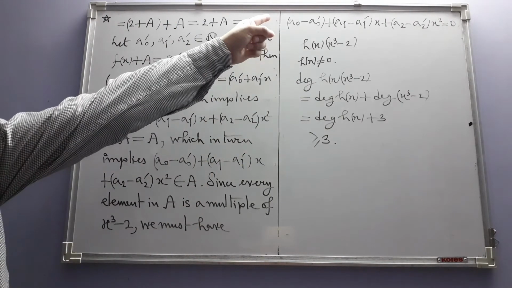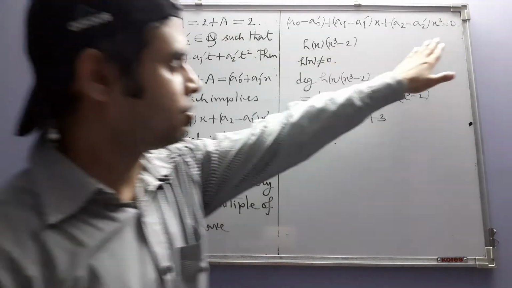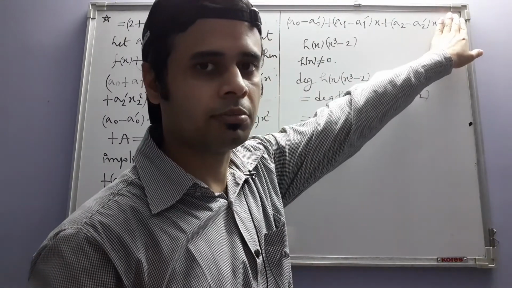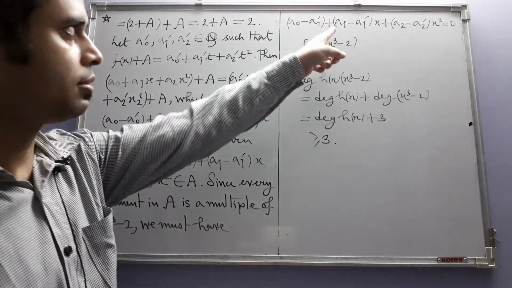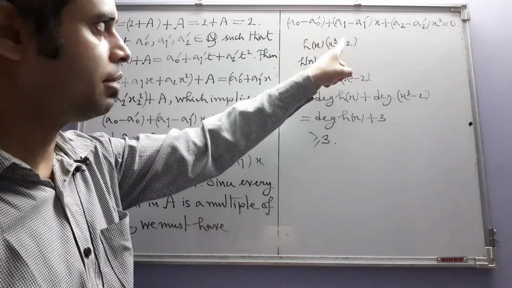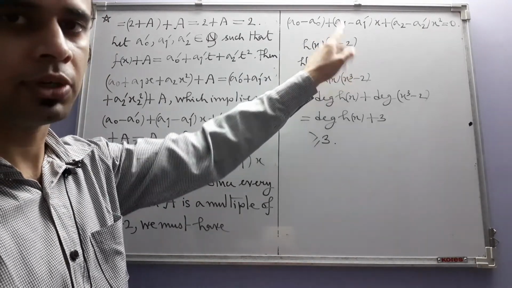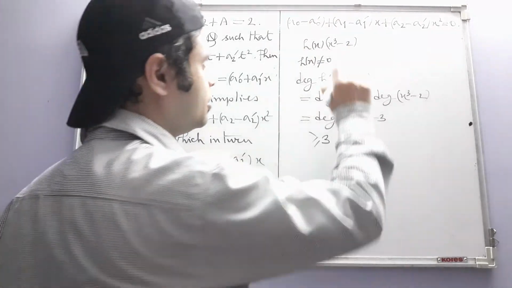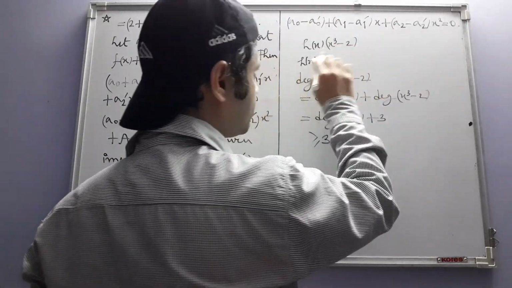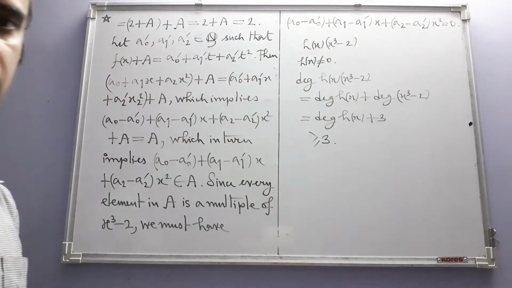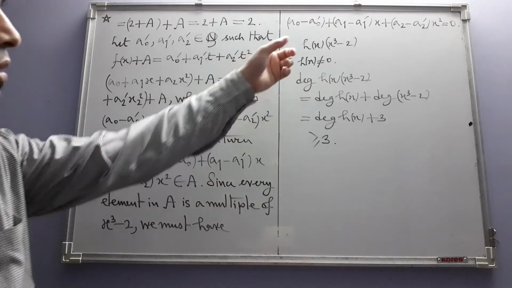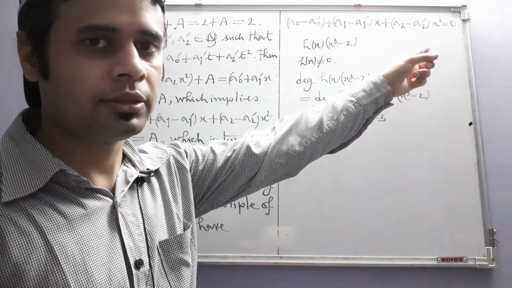Correspondingly, the left hand side, which is equal to this, don't consider this equal to 0 for a moment, okay? The fact that this polynomial belongs to A implies that it's a multiple of x cube minus 2. That's what I am considering here. So then, since this is equal to this polynomial, its degree should also be greater than or equal to 3. Is that possible? Clearly its degree cannot be greater than or equal to 3.